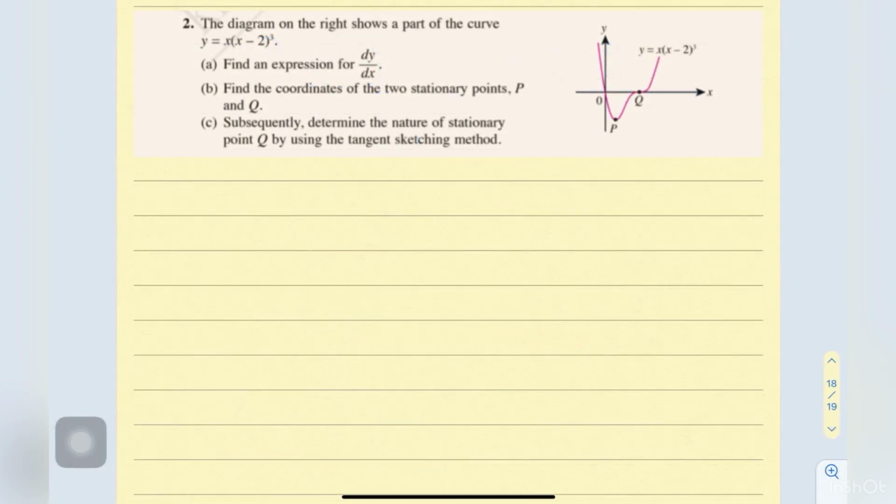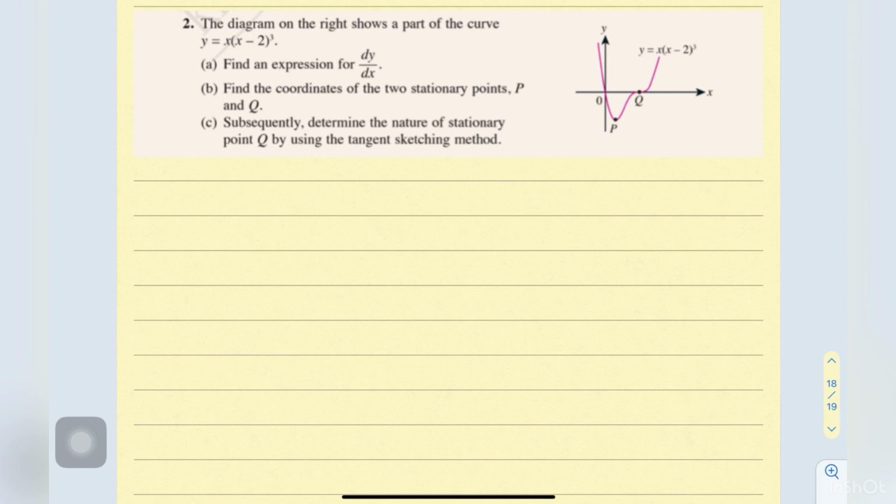The last one: subsequently determine the nature of the stationary point Q by using the tangent sketching method. Before we determine the nature of point Q, let's look at point P first.